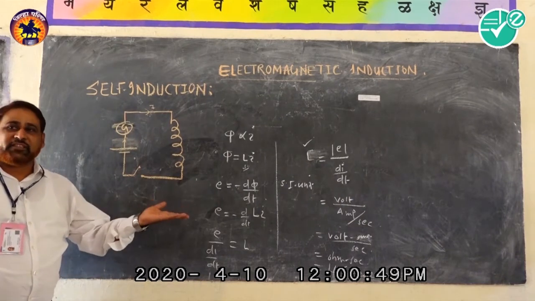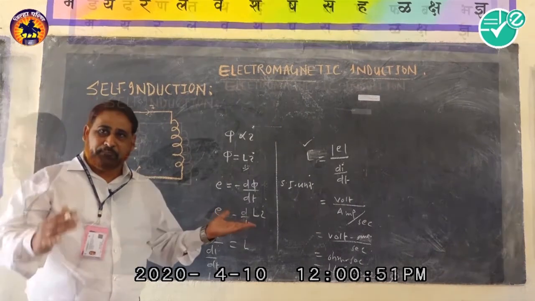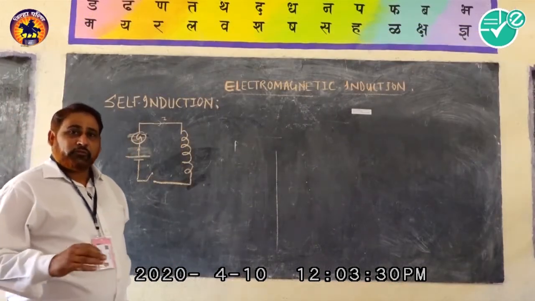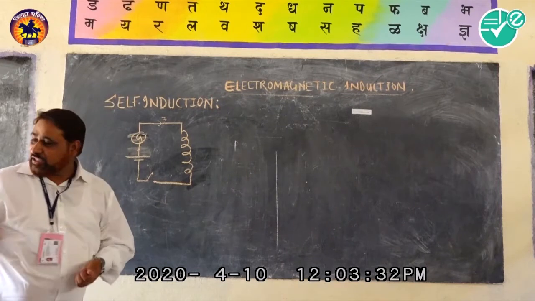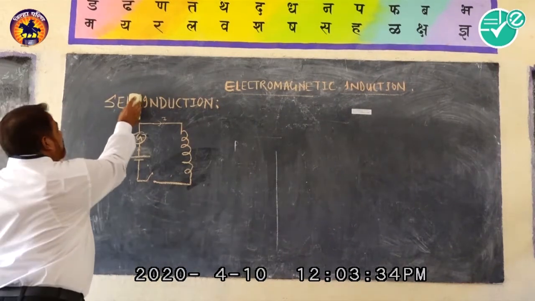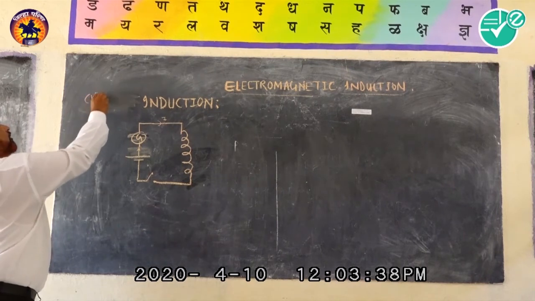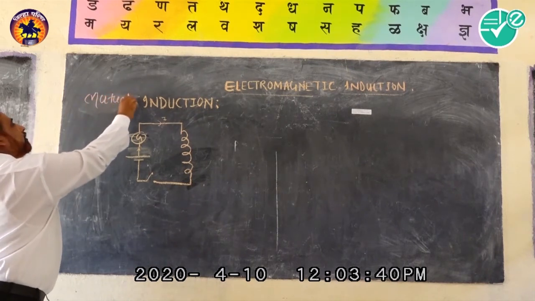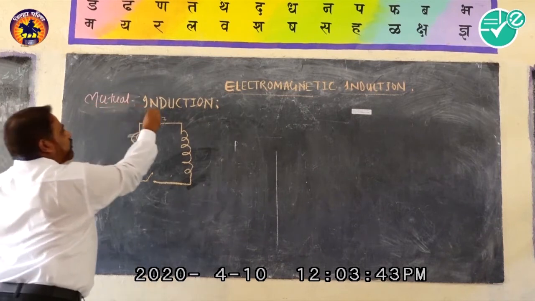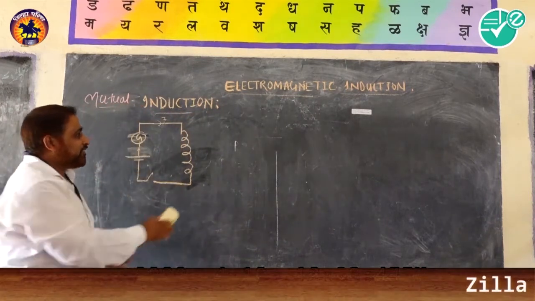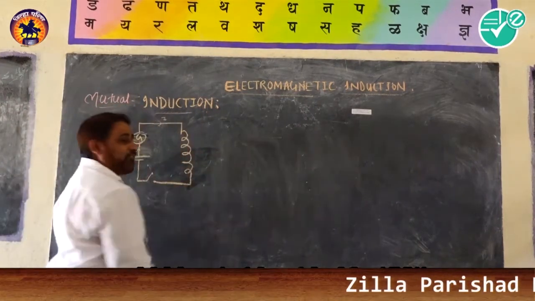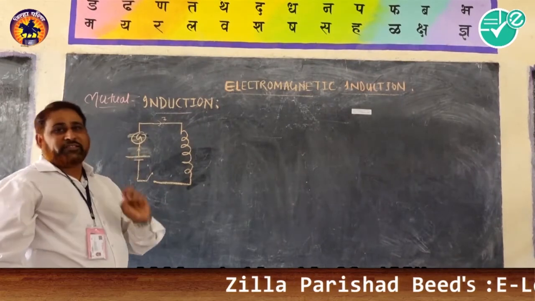And now we shall see the concept of mutual induction. So dear students, instead of self-induction, let us talk about mutual induction. So what is the concept of mutual induction? See here, in mutual induction, two coils are required.